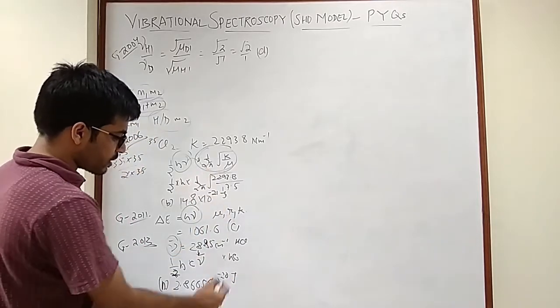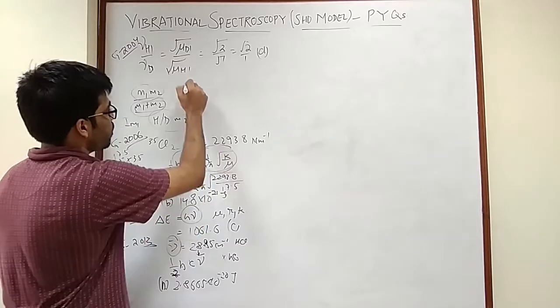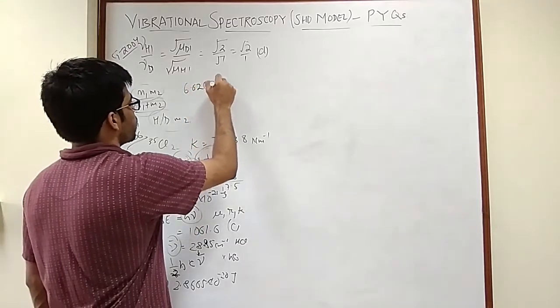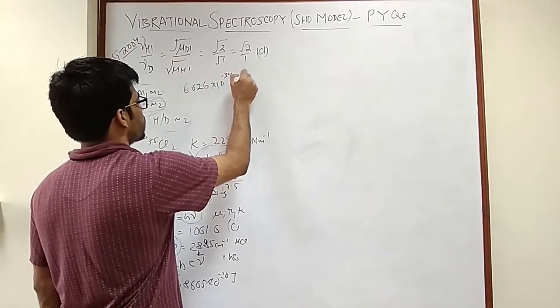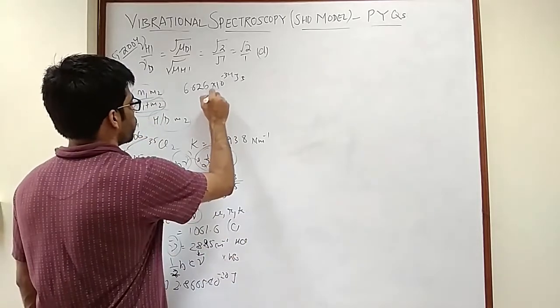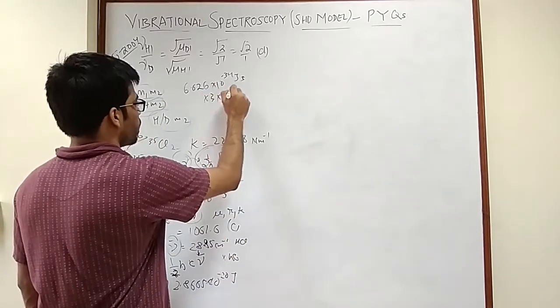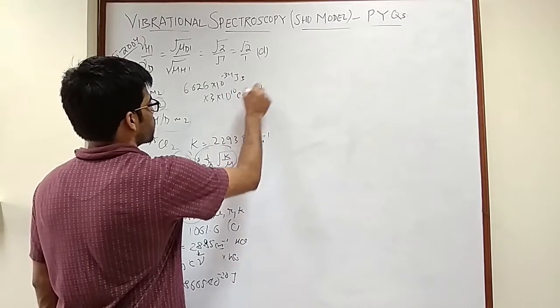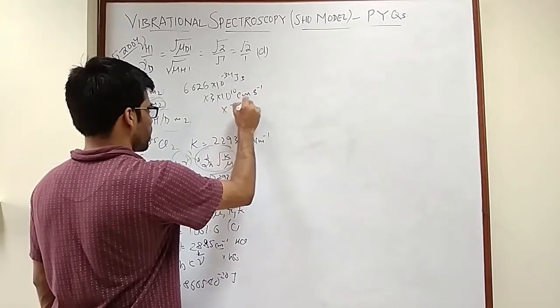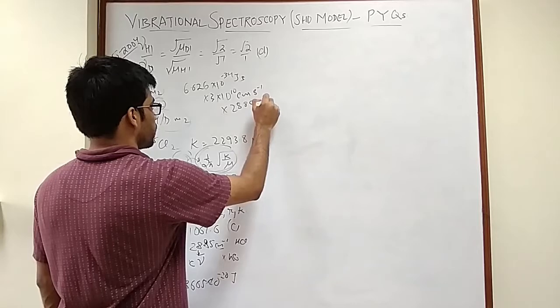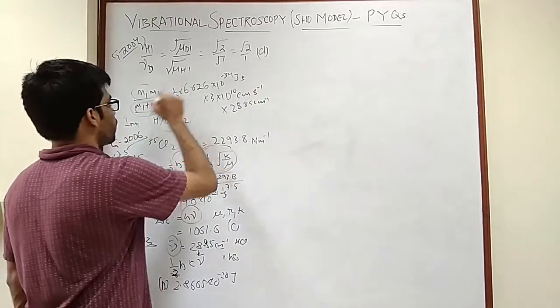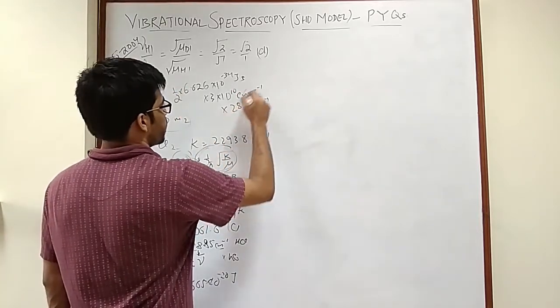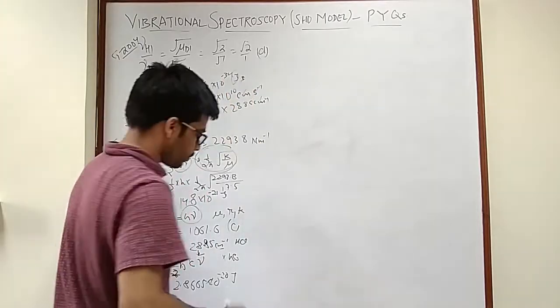You can add the value of h as 6.626 into 10 power minus 34 joule second, into 3 into 10 power 10 because it is given in centimeter per second, into 2885 centimeter inverse and a half. So the centimeter gets cancelled, the second gets cancelled, left with joules.